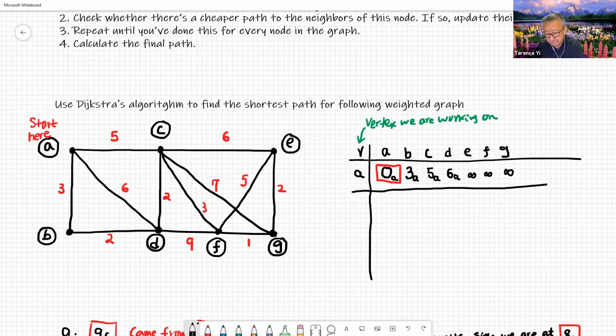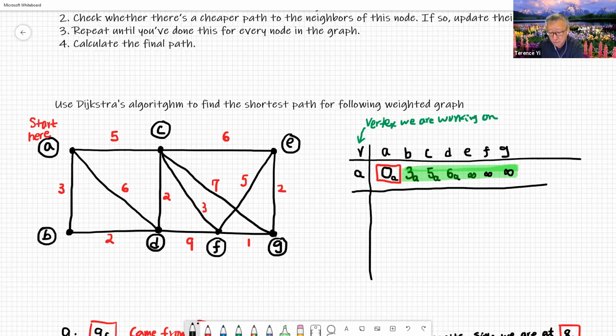All right. So now what we're going to do next is look at the units over here. I want you to look at all the units that we just came up with. Then I want you to select the shortest, smallest unit. That's the next vertex that we're going to work on.